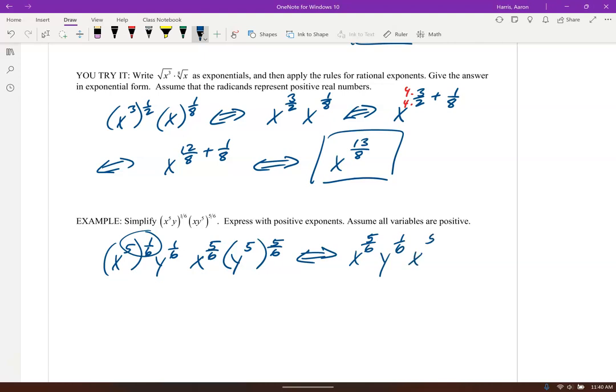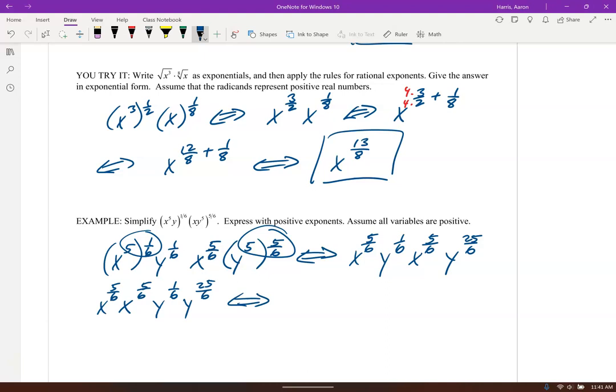Then I got x to the 5/6, and I'm going to multiply those for y to the 25/6. So let me put the x's together. I have an x to the 5/6. I have a y to the 1/6 and a y to the 25/6.